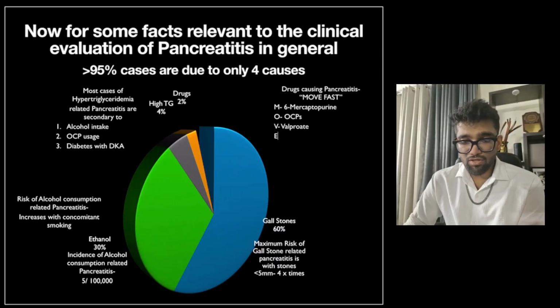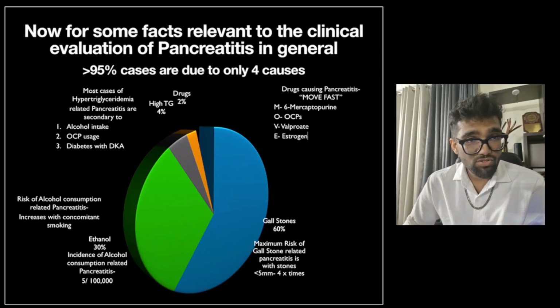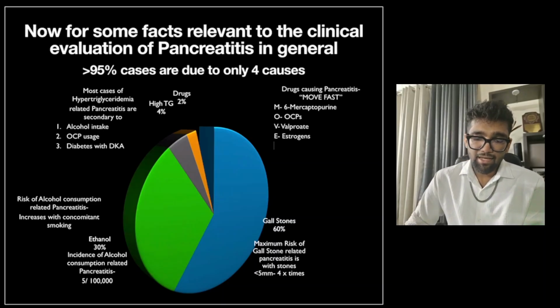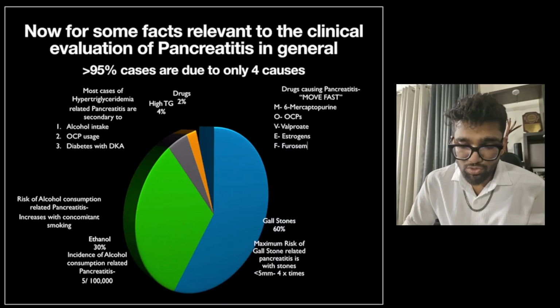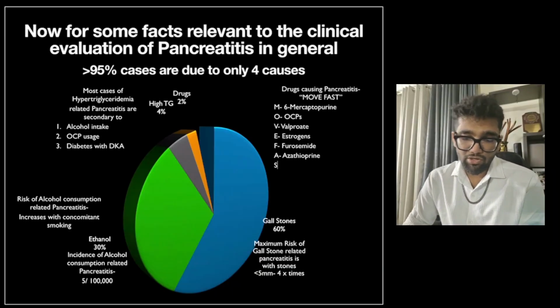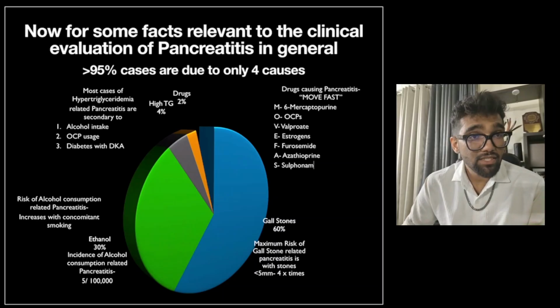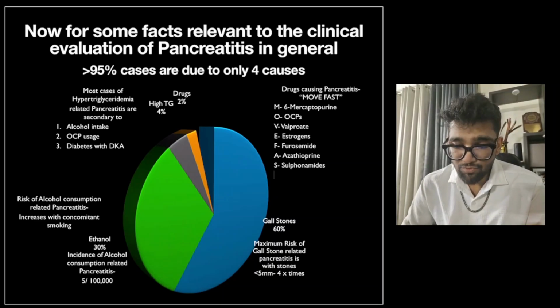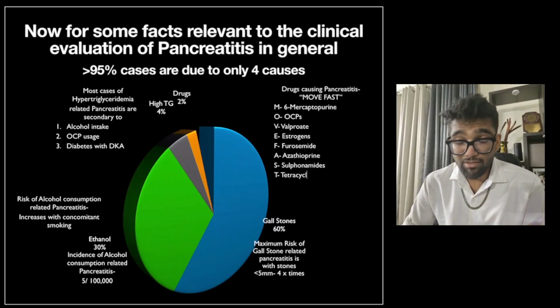E stands for naturally estrogen containing pills and things like that. Then F stands for furosemide. A stands for azathioprine. S stands for your sulfonamides, and T stands for thiazide diuretics. The other T stands for tetracyclines.